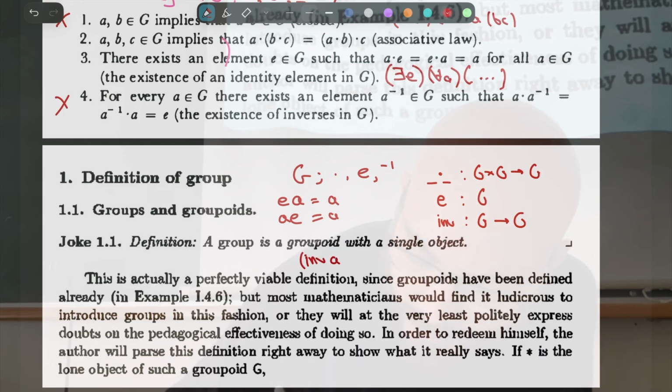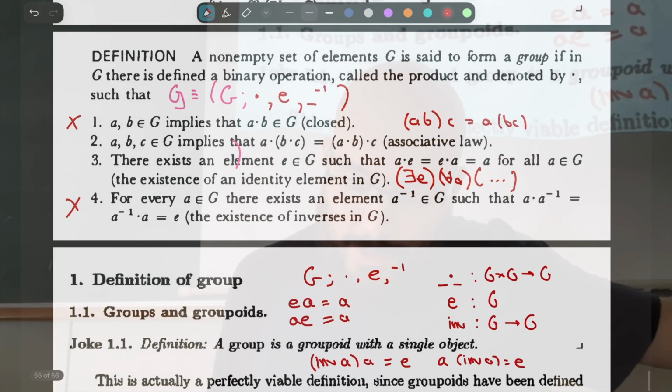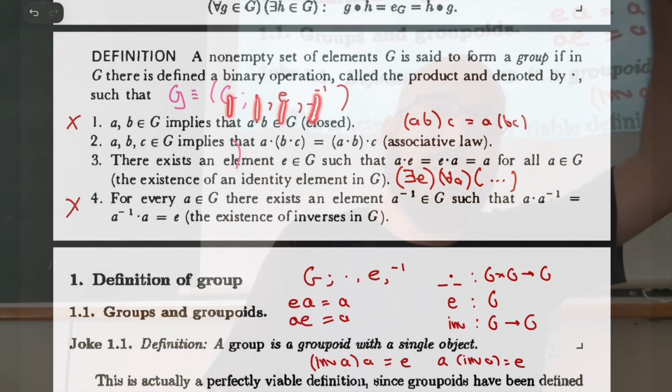Inv A with A is E, and A inv A is also E. So how many equations are here? 1, 2, 3, 4 equations. And associativity, another one, so it's 5. So I have 4 pieces of data and 5 laws.